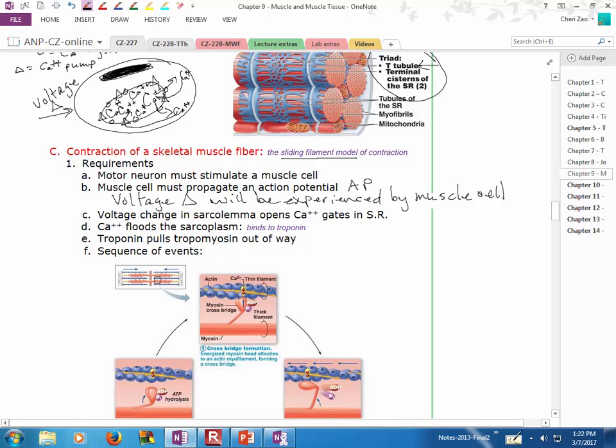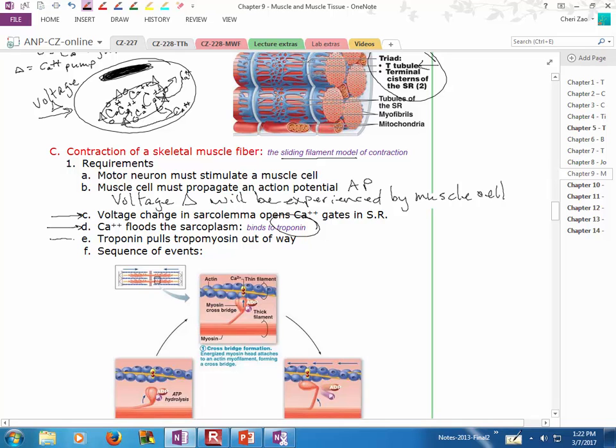So here we are at what I was just talking about a little bit ago. Voltage change in the sarcolemma opens the calcium gates in the SR. Calcium will flood the sarcoplasm because we want it to bind to troponin, and troponin's in the cytoplasmic area.